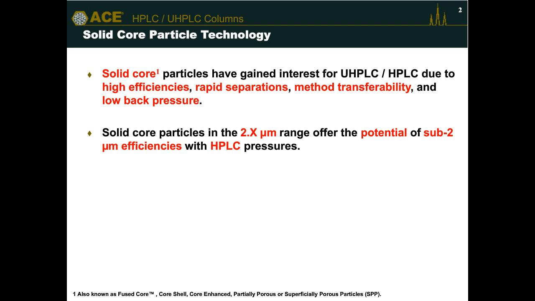That means we don't have to invest in new instrumentation. We don't have to purchase a UHPLC system to be able to achieve sub-2 micron efficiency. And that really is beneficial in terms of runtime and really seeing more from your sample. So there are big gains in investing in or evaluating a solid core type particle.